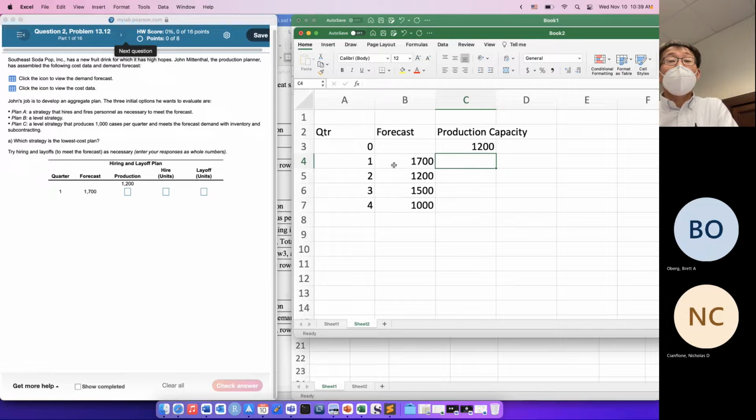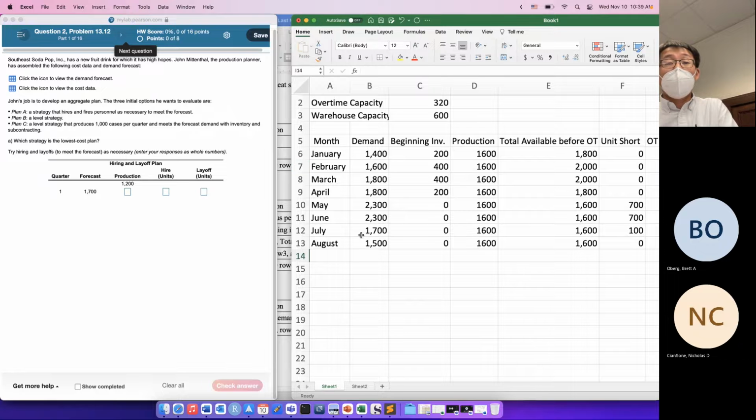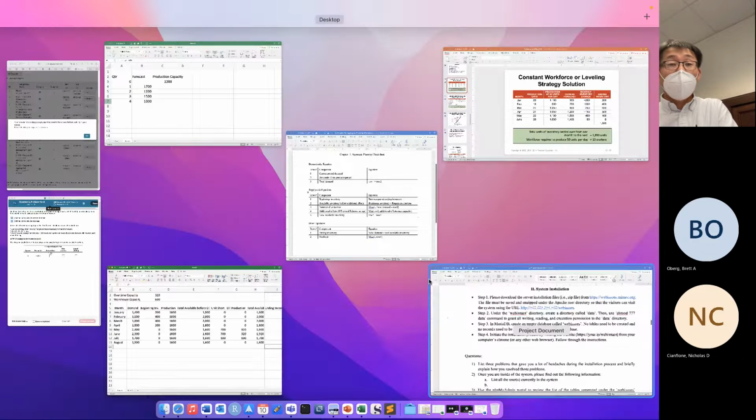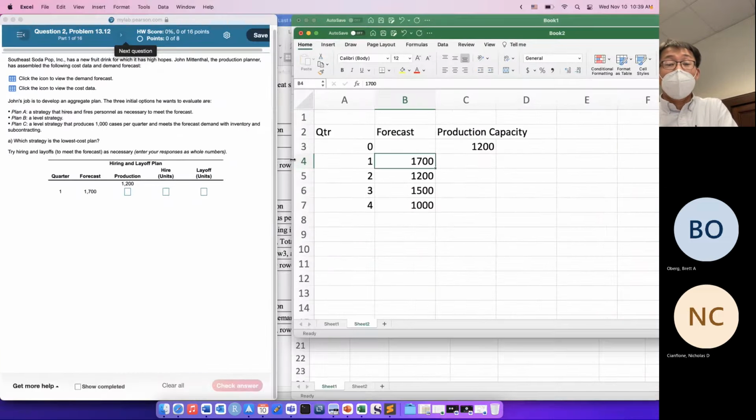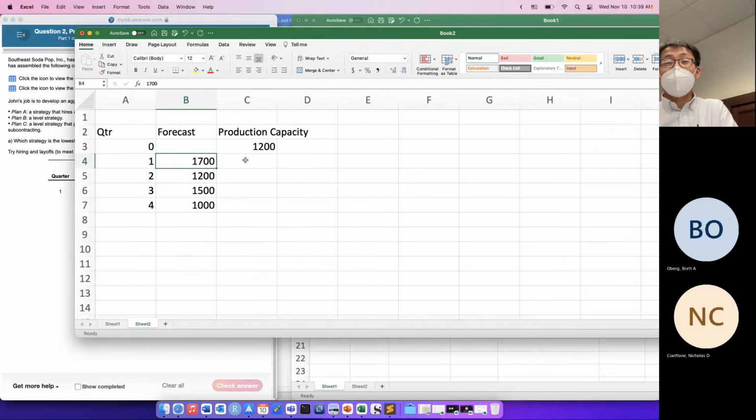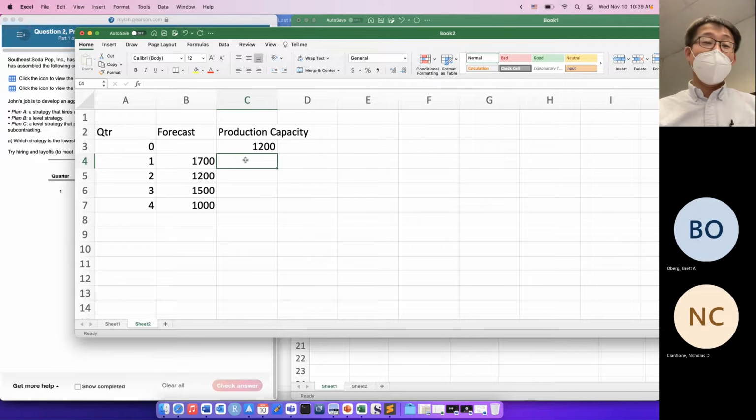In demand chasing, the production capacity must meet the forecasted quantity at all cost. You must be able to fulfill this forecasted demand at all costs, by hiring or firing people on demand. That sounds a little mean, doesn't it? Hiring and firing on demand. So 1700, so be it.